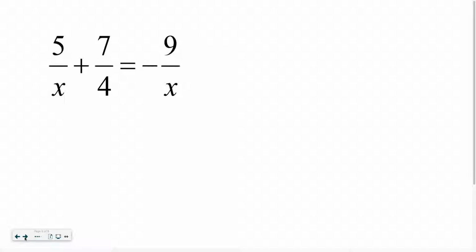Okay, notice the change here because we're in Algebra 2 and we're studying rational equations and functions. Now my denominators aren't all numbers. There's variables down there. But the idea is still the same. I'd really like it to not look like fractions. So what's my LCD? 4x.